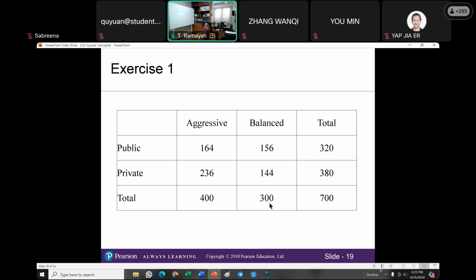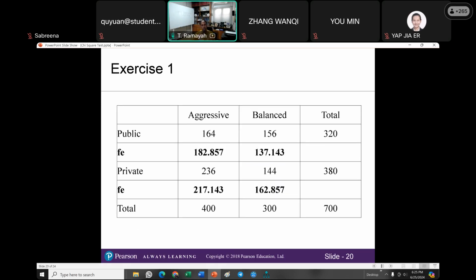And 300 times 380 divided by 700 will be the expected value for this cell. Okay, so this is what I have done. After you do the calculation, you can try it out. Use your calculator.